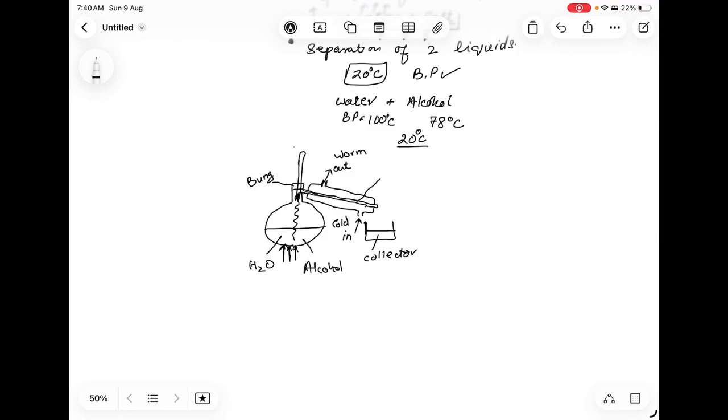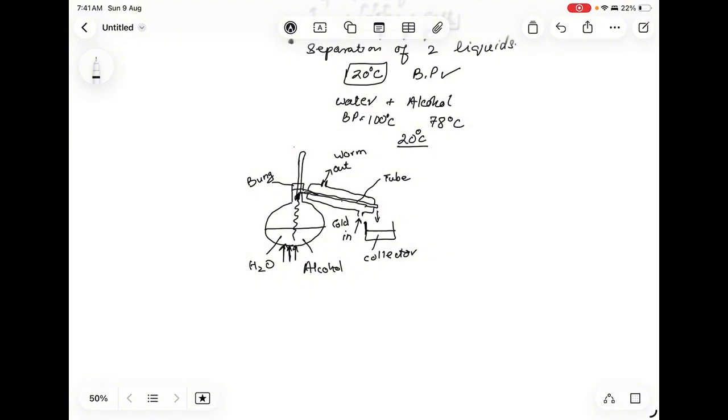I think I should label it. Oh, this is, by the way, a distillation tube, so I'll just call it a tube. Through this tube, that liquid which has a lower boiling point moves up and is collected over here. By the way, that liquid which moves up is in the form of gas.